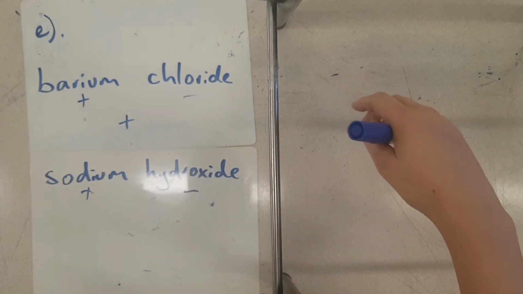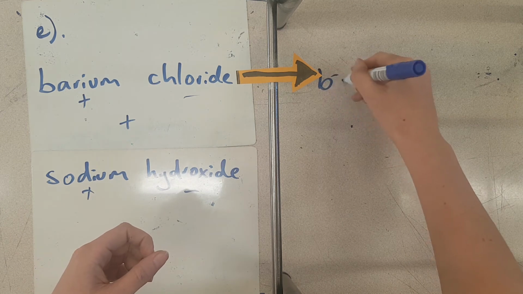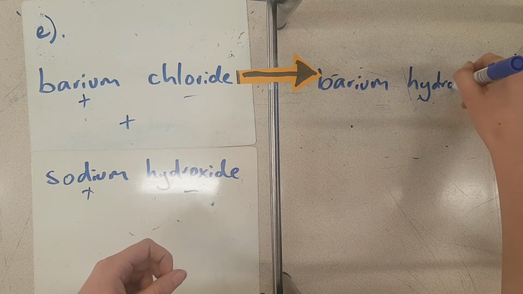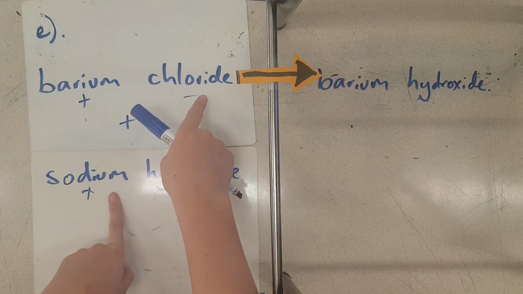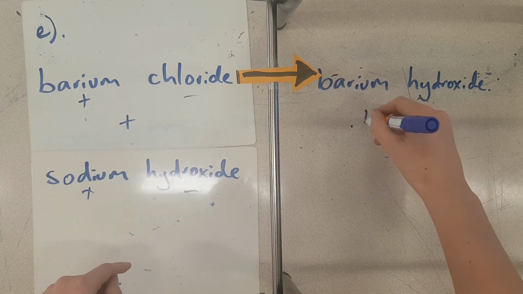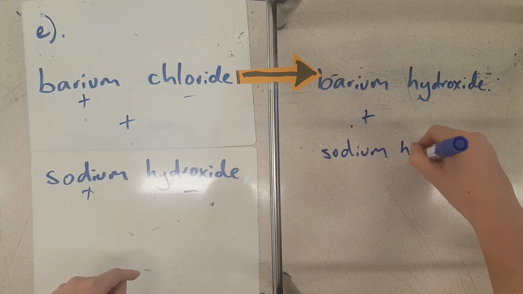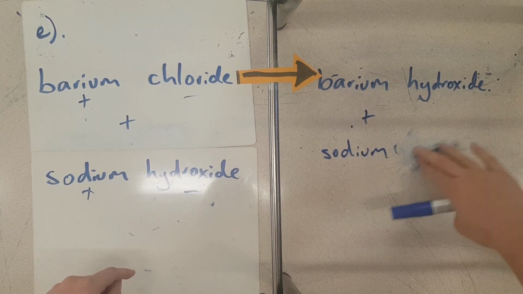So we end up with, oops, there's my arrow, barium hydroxide, which leaves two things. We've got sodium and we've got chloride. Can they go together? Yes, they can. Sodium, oops, almost wrote hydroxide again, sodium chloride.